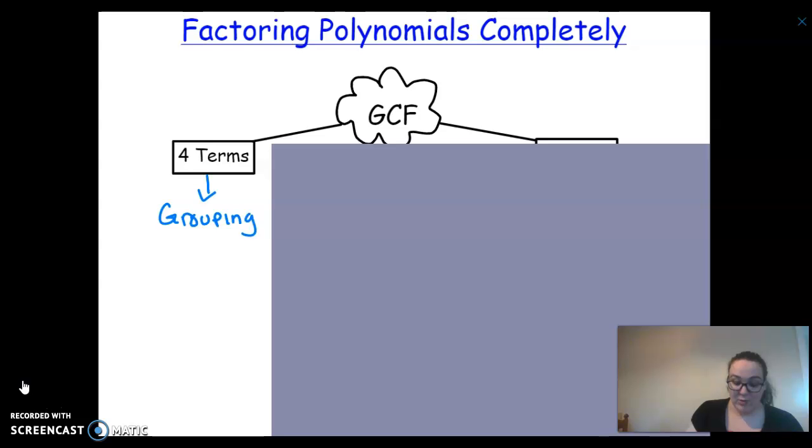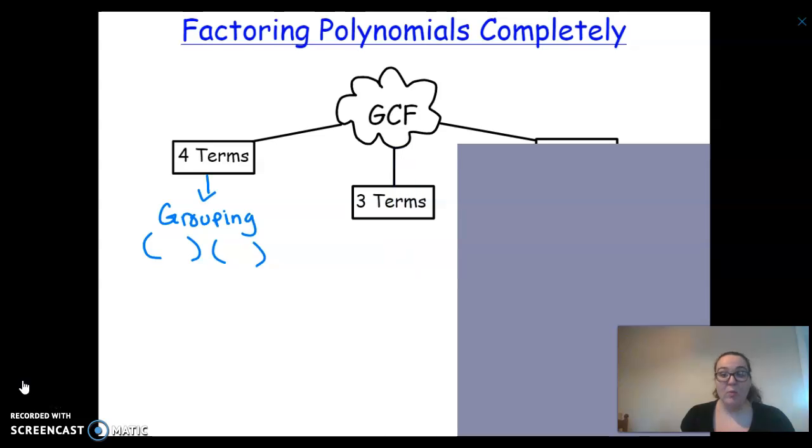Remember, the grouping method is simple. I'm going to group 2 terms together, and group 2 terms together, and take out what they have in common. If there are not 4 terms, there is a possibility that there could be 3 terms. If there are 3 terms remaining, this is a trinomial.